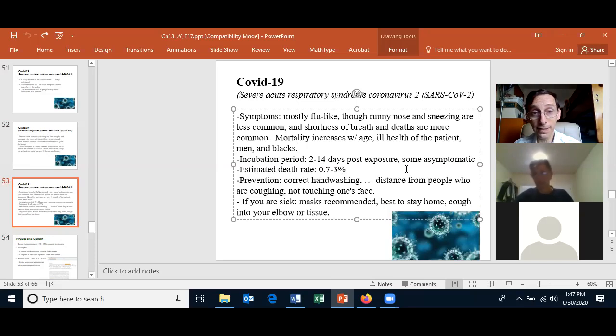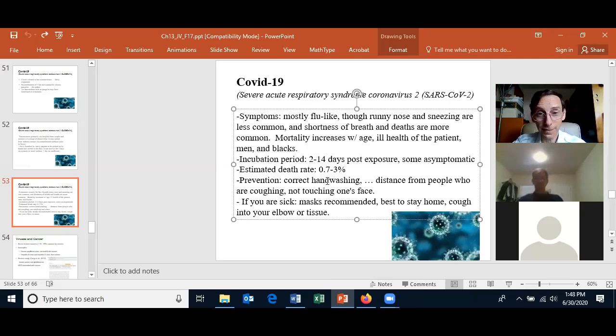The CDC thinks it's around a third of patients, and maybe as high as 50% of patients. Meaning they're not entirely sure, but somewhere between 20 and 50% of patients will be asymptomatic.